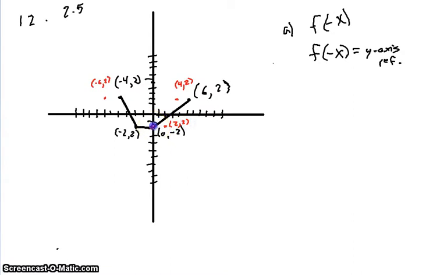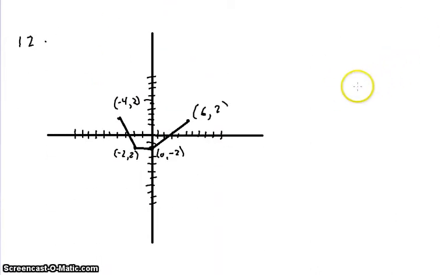And this one stays 0, 2 because you can't reflect something that's 0. So it looks something like this. After reflecting it, you're basically spinning it around the y-axis. So that's what you get when you have a y-axis reflection.